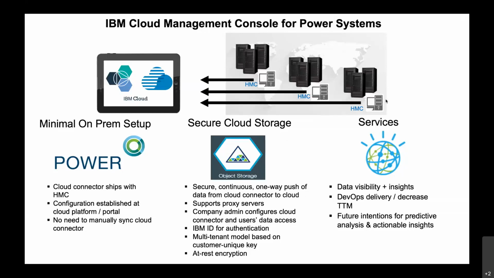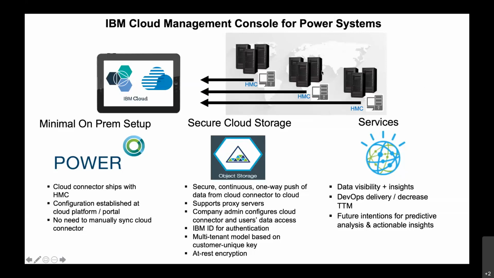So the current services: when we started conceptually, CMC was meant to be a single pane of glass view. Today you have multiple HMCs that might be managing different systems across data centers, but you would like to have a view of all the infrastructure across your data centers. So the solution that we came up with was CMC, which can provide a single pane of glass.